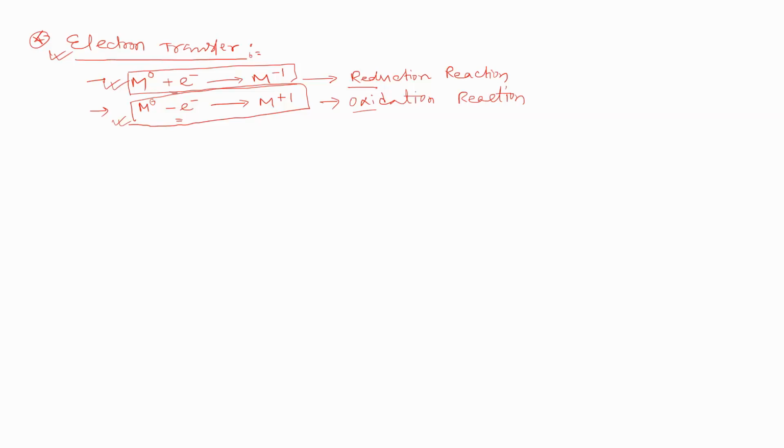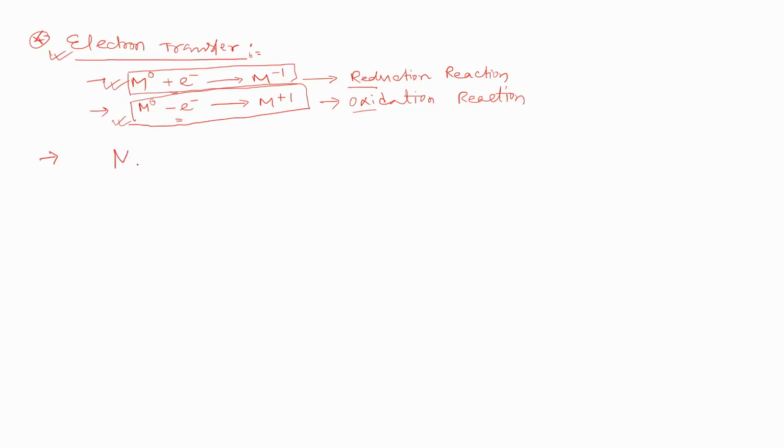So before going to the reduction reaction and oxidation reaction in terms of the electron transfer, again I will show you the basic idea of how we can write a metal salt in terms of the cations and the anion.